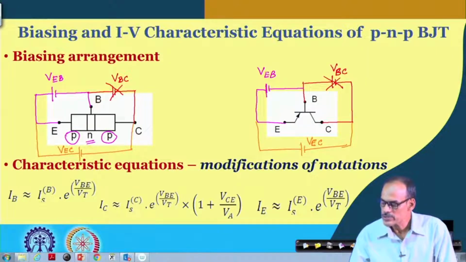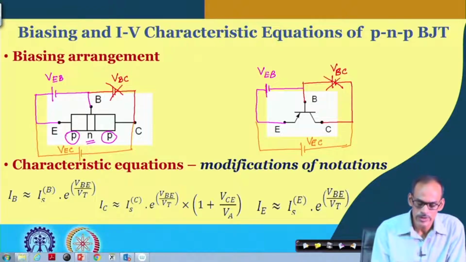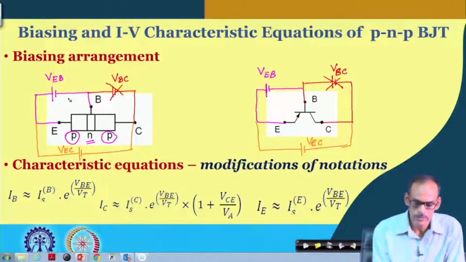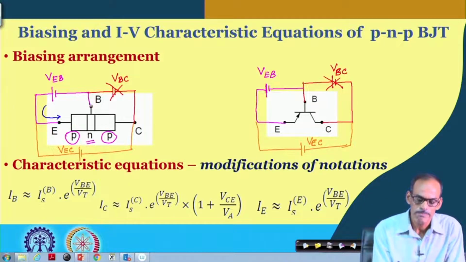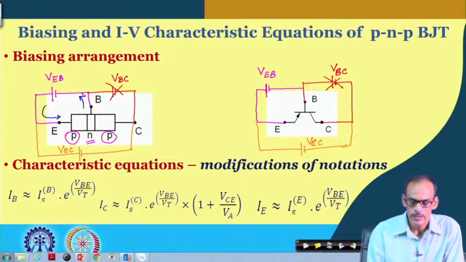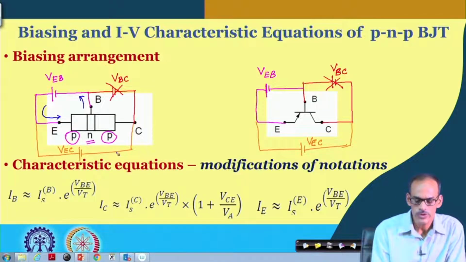And also if you see, based on the polarity of the voltage, you can expect the current will be flowing in this direction. In other words, the emitter current enters the device, and the base current emerges out of the base, and the collector current also emerges out of the collector.